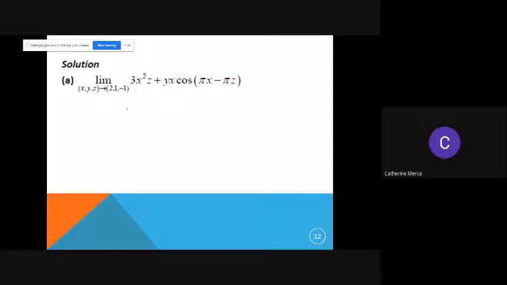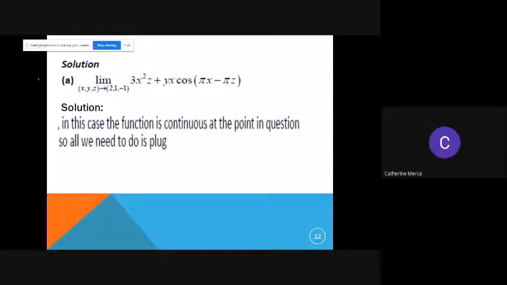Now, if we directly substitute, what will we have? All we have to do is to plug in the values. X will be 2, so we'll have 3 times 2 squared. Then z is equal to negative 1.